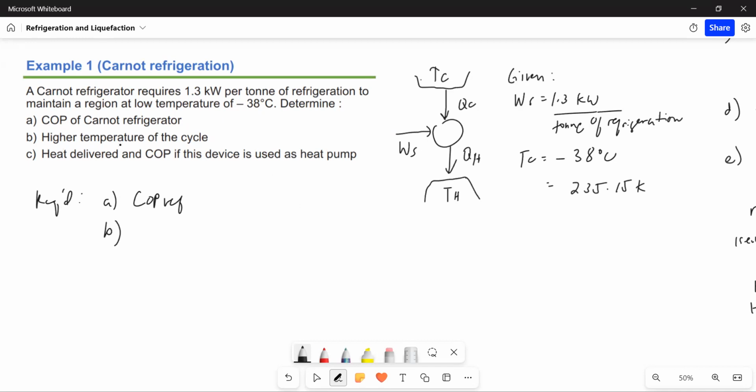B, the higher temperature, so that refers to TH. And then letter C, heat delivered and COP if this device is used as a heat pump. Okay, not the work shaft, but rather the heat delivered, that's QH.